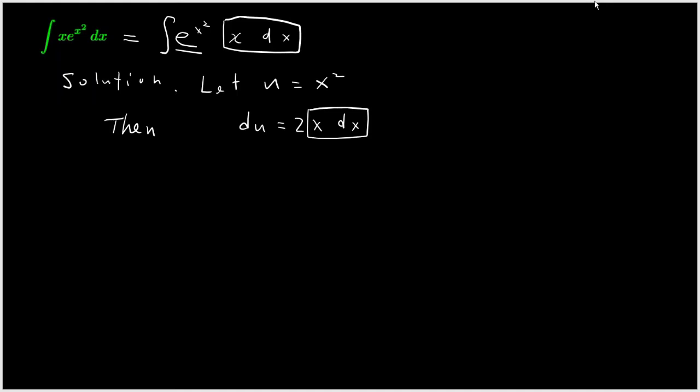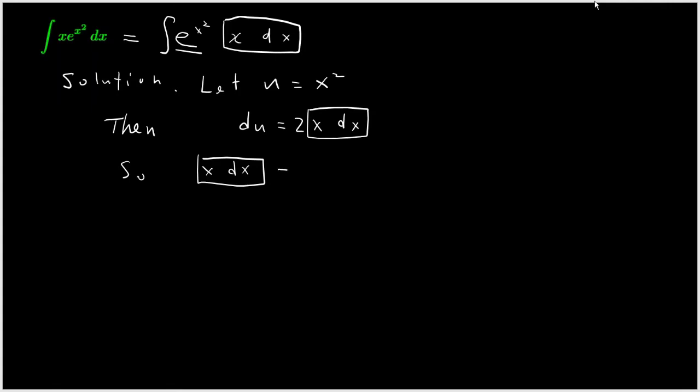And then solve the equation for the box. It's always the same. You do that because in the next step you are going to convert the integral of x to a new integral of u.